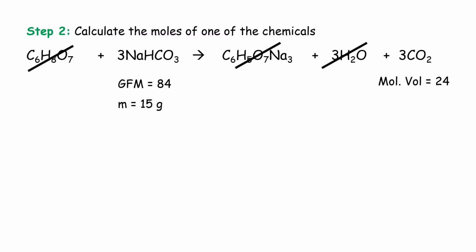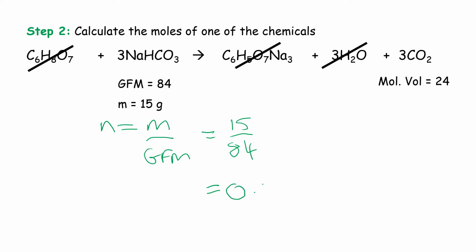Step 2 is calculate the moles of one of the chemicals. Well, we've not got enough information for carbon dioxide, but we have got a mass and a GFM. So we can do n equals m divided by GFM, which is 15 divided by 84, which comes out to be quite a long number on the calculator, not a nice round number.